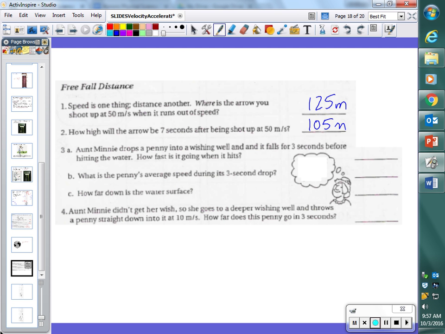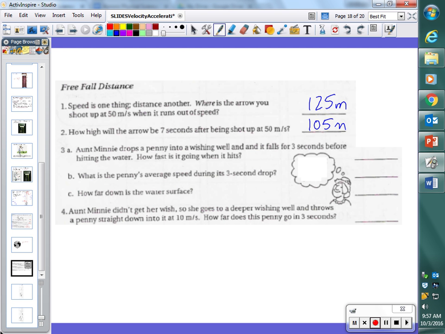Good with that? Okay. So, Aunt Minnie drops a penny into the wishing well, and it falls for 3 seconds before hitting the water. How fast is it going when it hits the water? Let's go with our acceleration still being 10 meters per second squared, because that makes our math easier.